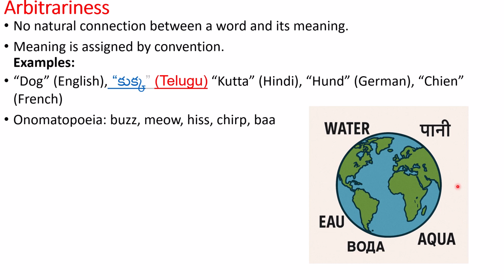These are different words used for the word water in different languages. Here we can say that there is no natural connection between the word or sound and the thing it denotes. Which means we can't tell the meaning of a word simply by looking at it. In order to understand arbitrary words, one has to know a specific language.